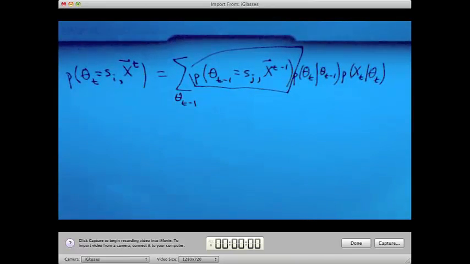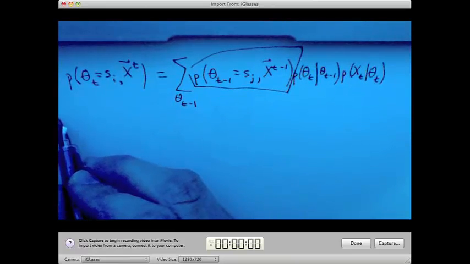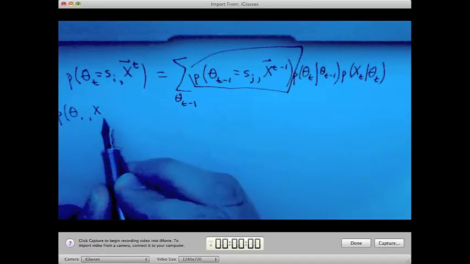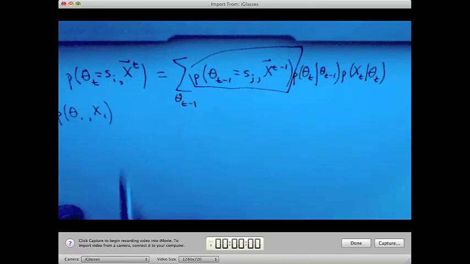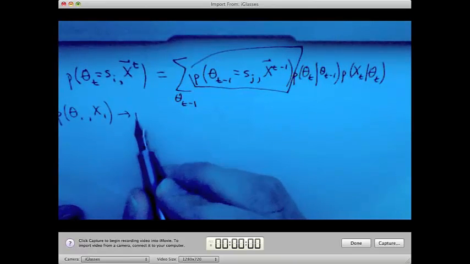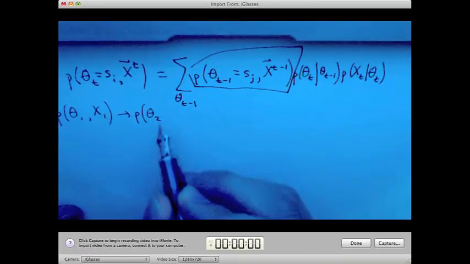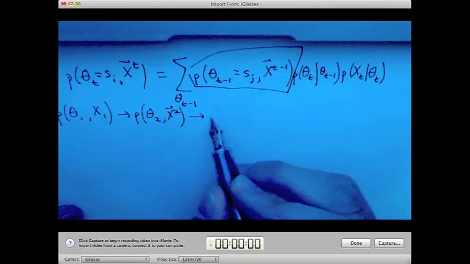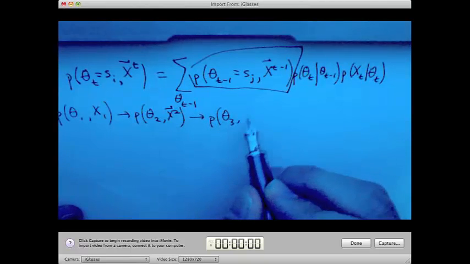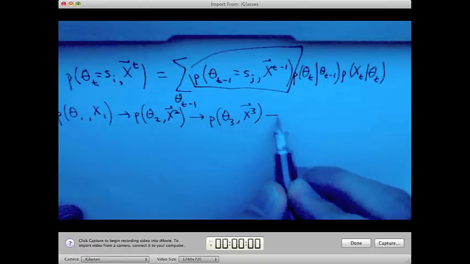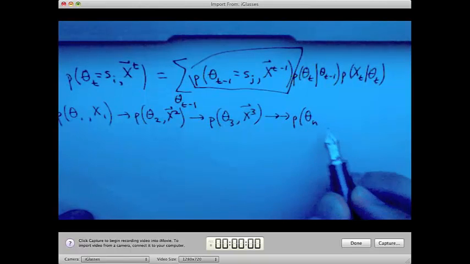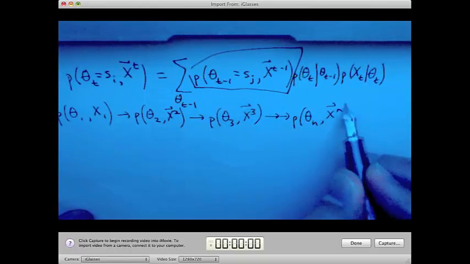So this is called forward probability summation. What it gives you is basically from p theta 1 comma x1, which is trivial to get, we can now compute probability theta 2 comma x 2 vector, from which we get p theta 3 comma x3 vector, on all the way up to p theta n comma xn vector.